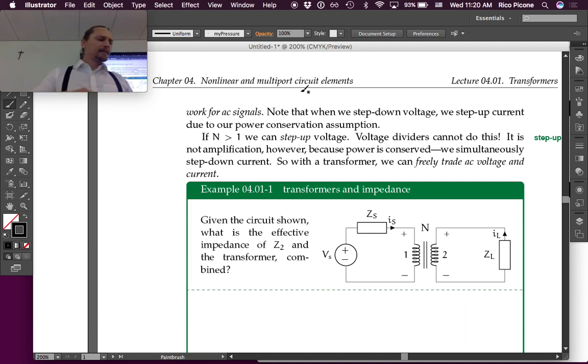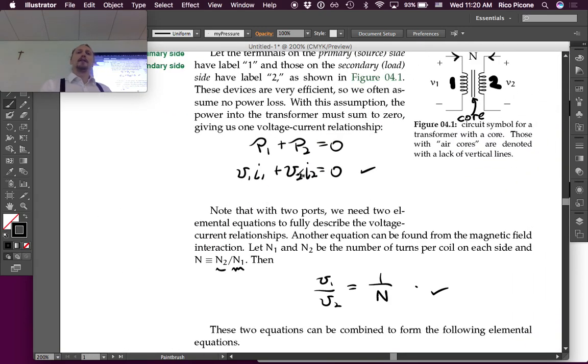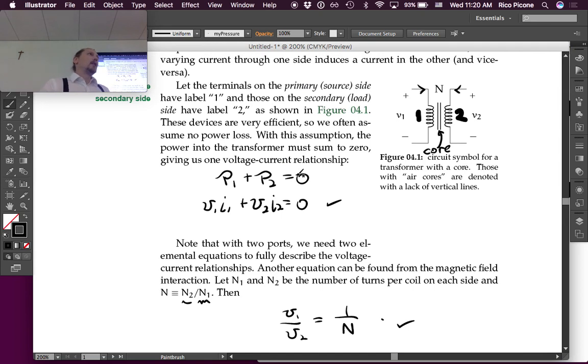And it turns out that we assume that power is conserved in these, right? So if we step down or step up the voltage, we step down or step up the current simultaneously. So we're trading off between current and voltage here.